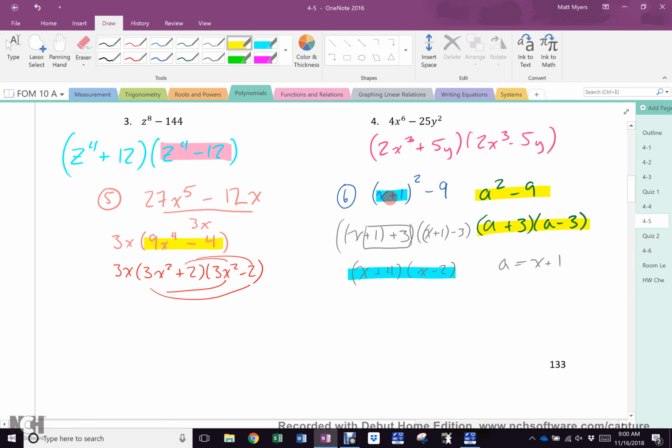But there were no A's in the original equation. I made this A. Am I allowed to do that? Of course I am. Because this is still A squared minus 9, isn't it? Is everybody good? I'm going to give you one of these to try by yourself. You don't even need to write it down. You can probably figure it out in your head.